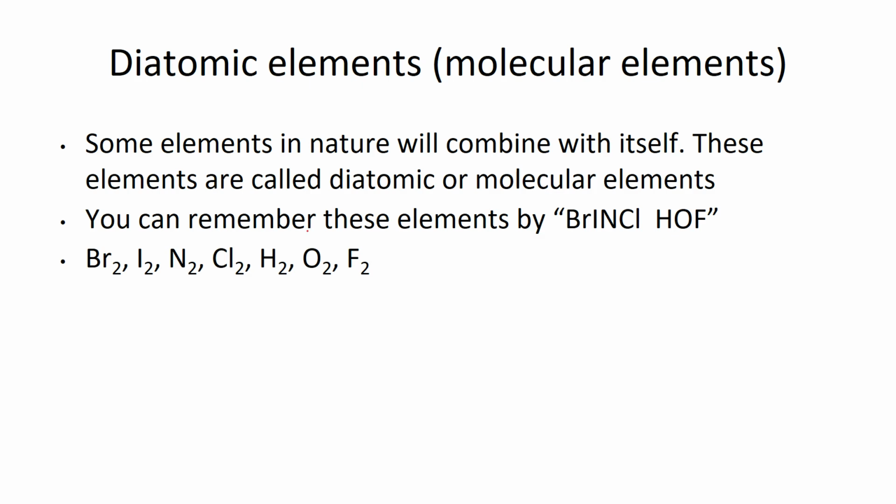These elements that like to bond to themselves, we call them diatomic molecules, molecular elements, or diatomic elements, a lot of different ways to say it. If you look at the acronym Brinkelhoff, every capital letter represents an independent element.